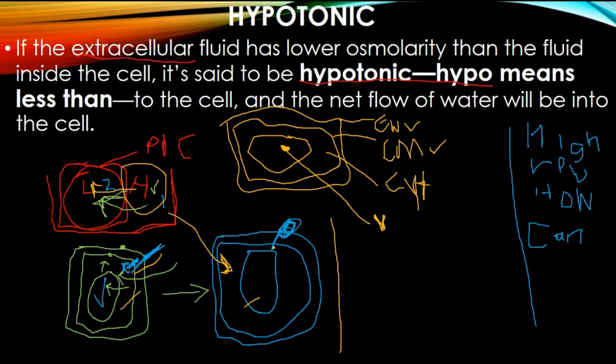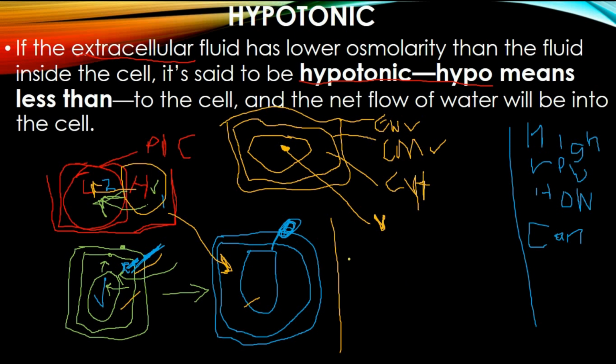What does that mean? It means you look fluffy. You look very fresh, very bloated. So hypo means that you would have swelled up, or you would have become very turgid.